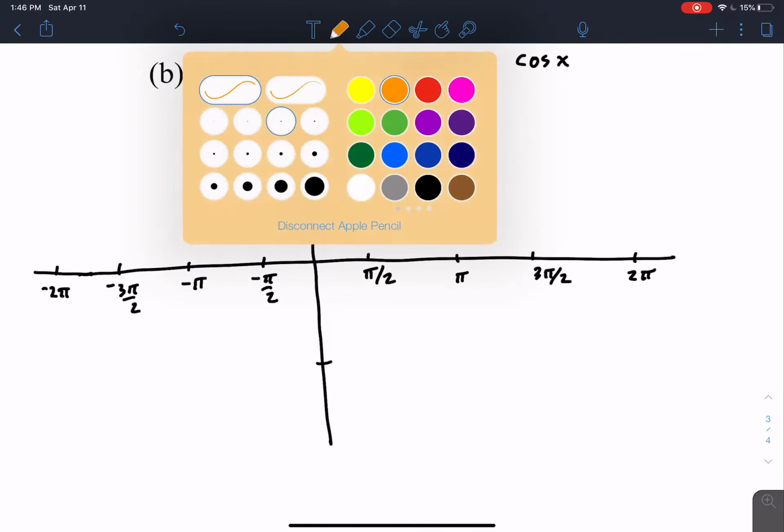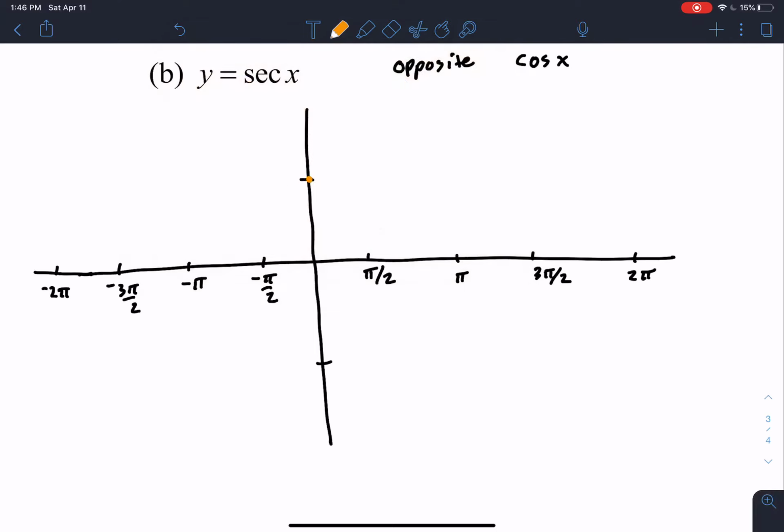Again, I'm just going to draw cosine: high, axis, low, axis, high. So you have your basic cosine curve.